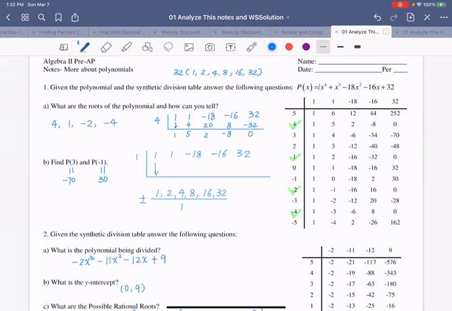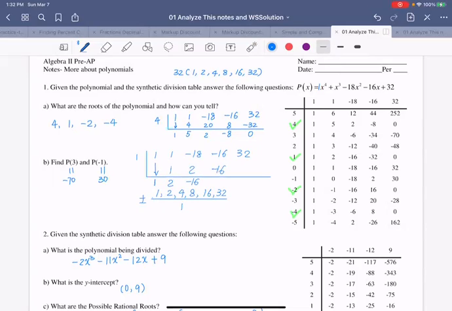So for this one, you copy down 1. Then 1 times 1 is 1, so you put it here, and 1 plus 1 is 2. Then 1 times 2 is 2, so you put 2 here. Negative 18 plus 2 is negative 16. Then negative 16 times 1 is negative 16.